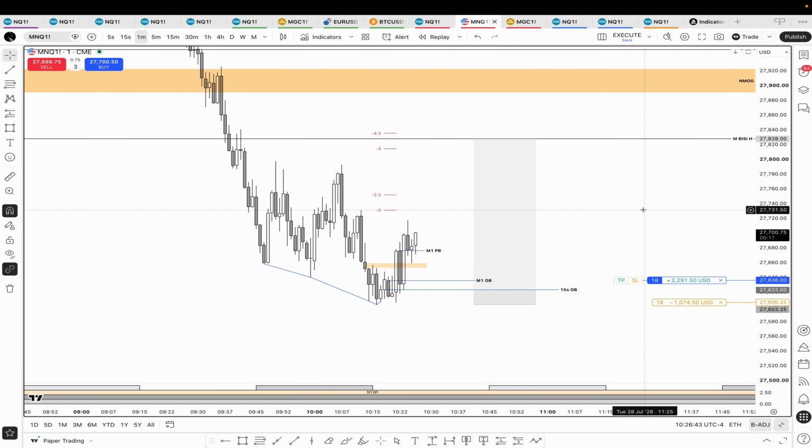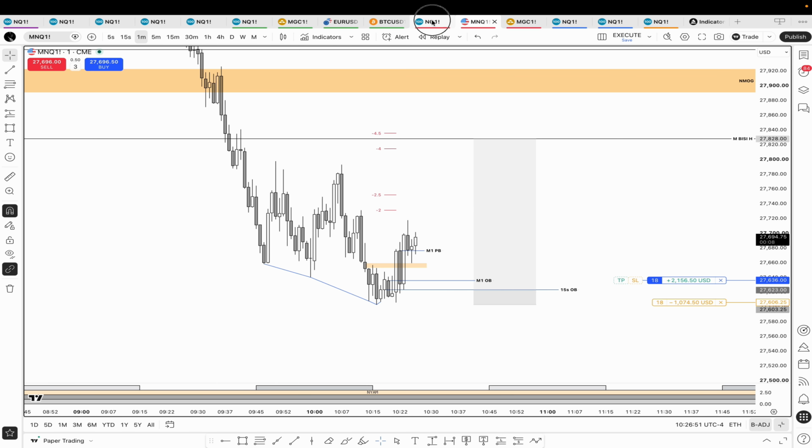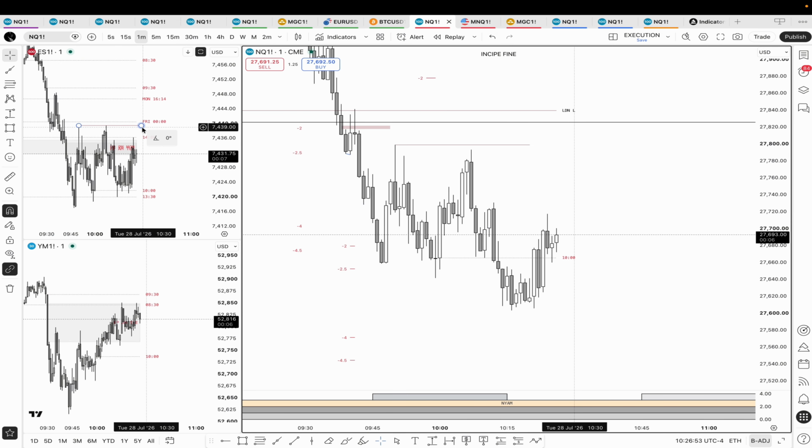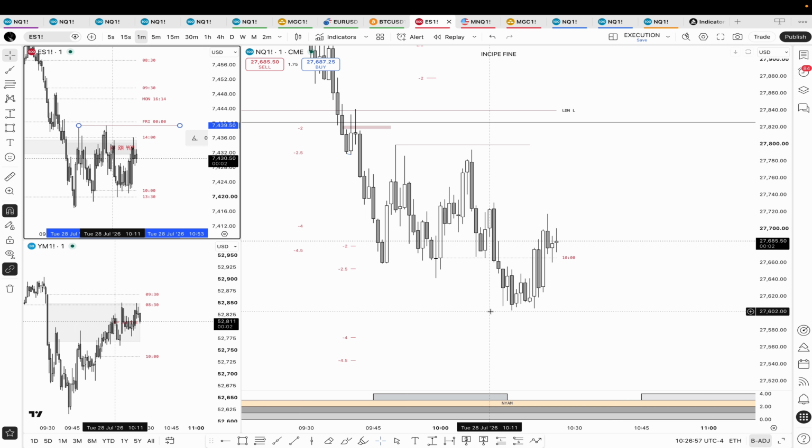Now, you gotta be switching between charts here because I'm not connected to my monitor, so I can't just have it on one chart only. But what I would like to know is when ES comes and engages with this high that resides right here.